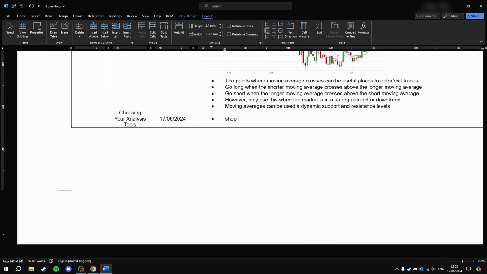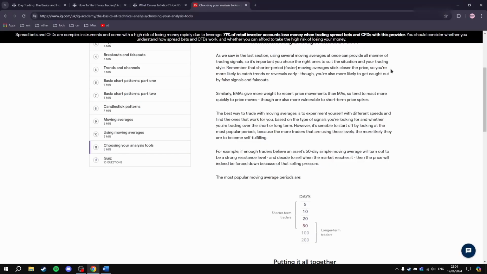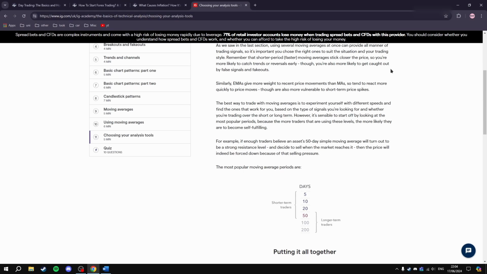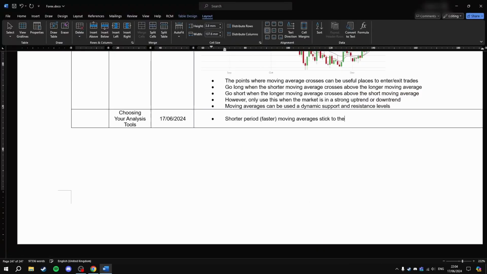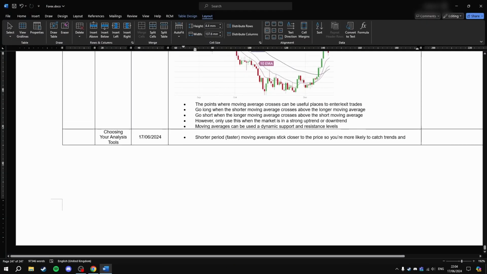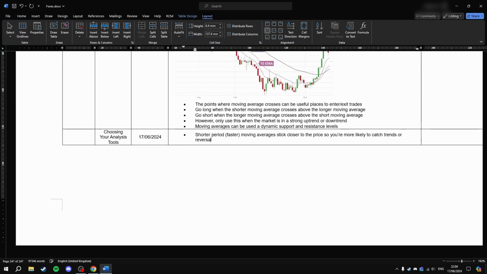So shorter periods, faster moving averages stick closer to the price, so you're more likely to catch trends or reversals early.